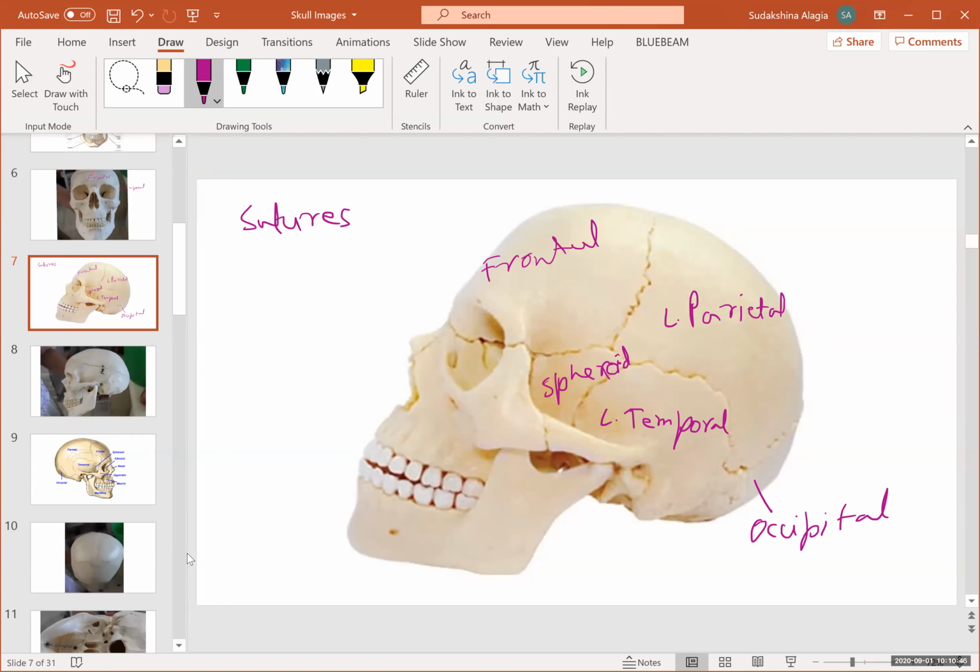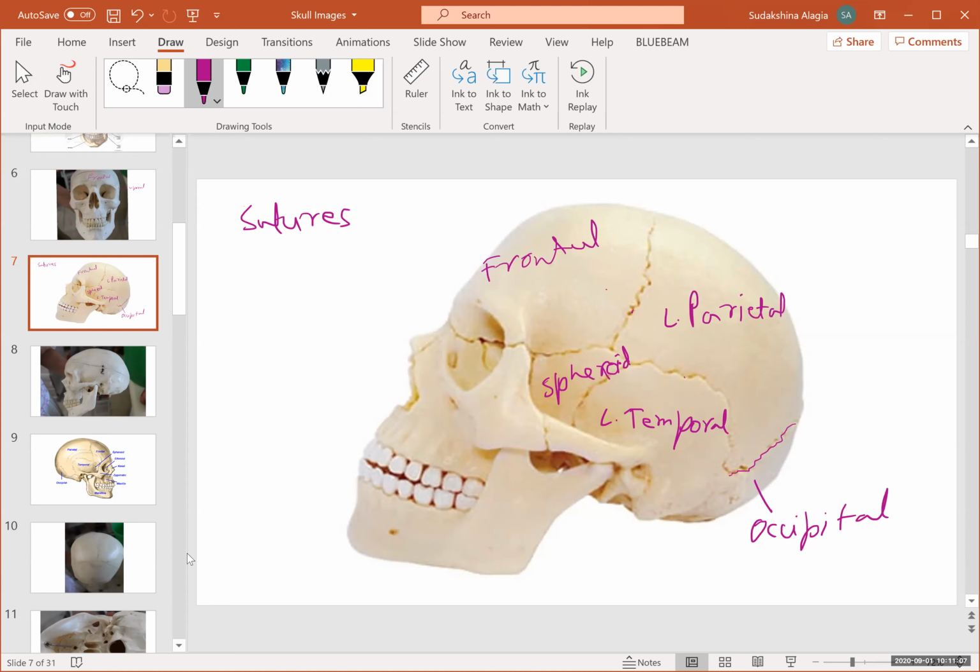Sutures are lines where two bones join. Frontal joins with parietal. Parietal and sphenoid join with temporal. Temporal and parietal join with occipital, this line. And these sutures have names.